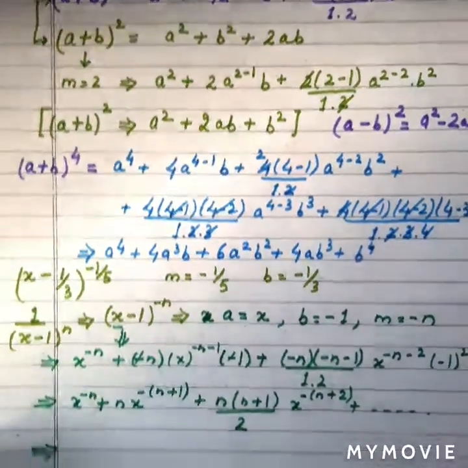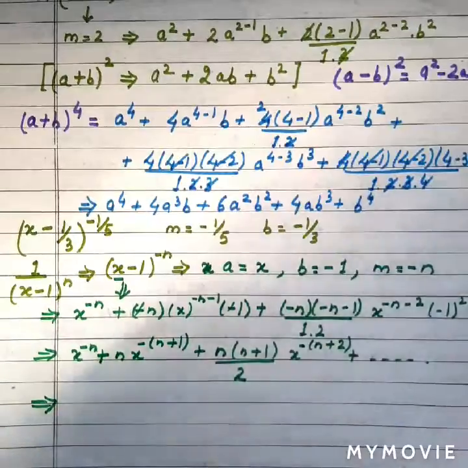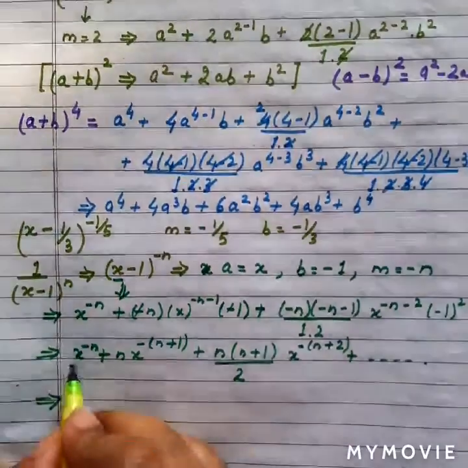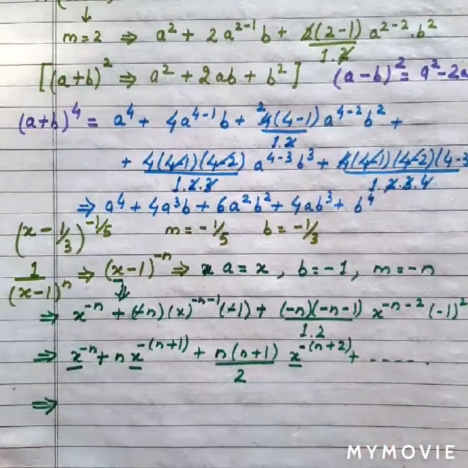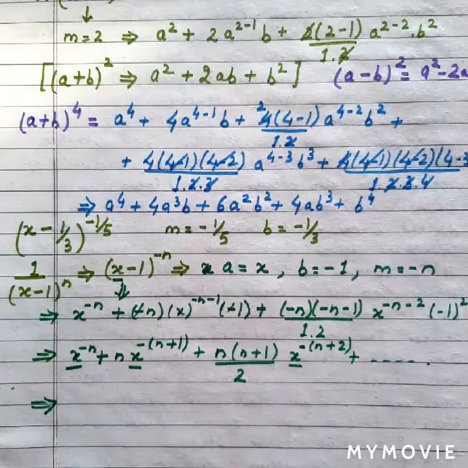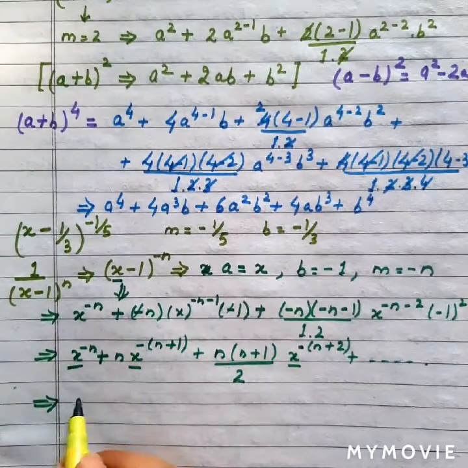Now our next step will be, I just want to make these powers positive, so what I will do is I will take these terms of x down. Here in the beginning the term was in this form, so in such ways I would like to take these terms down.